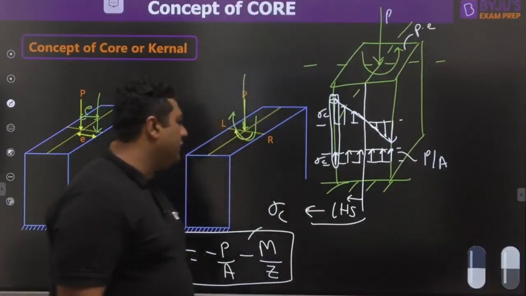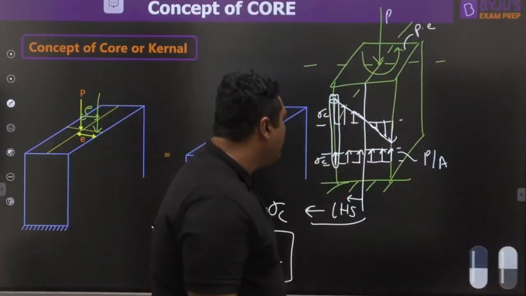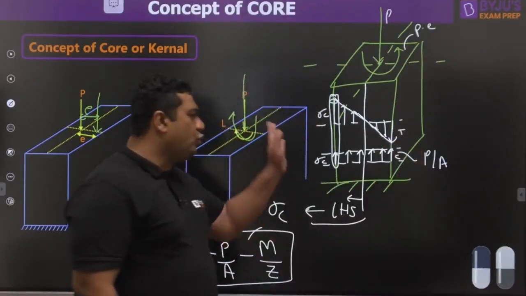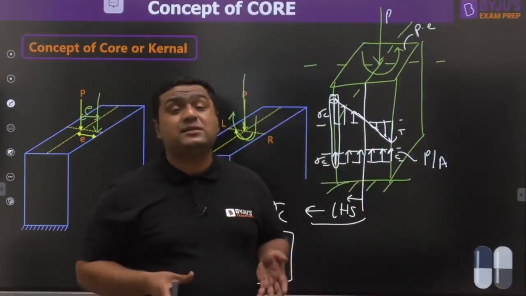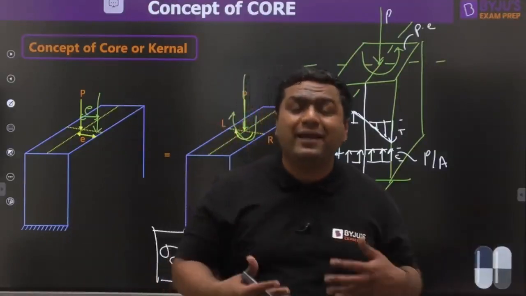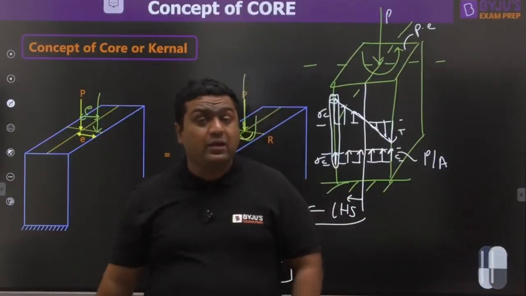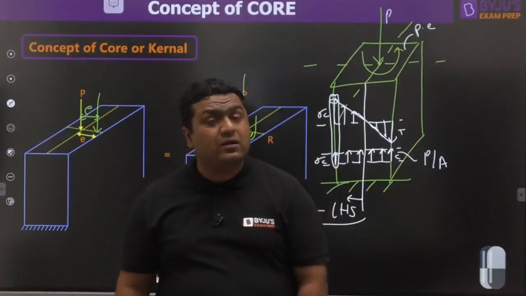But my dear, if you are talking about the right hand side of the fiber, then this is compressive, but this is tensile. So on the right hand side, there are chances that the net stress can come as positive stress, which we don't want. Why? Because we don't want the column to be under tension.